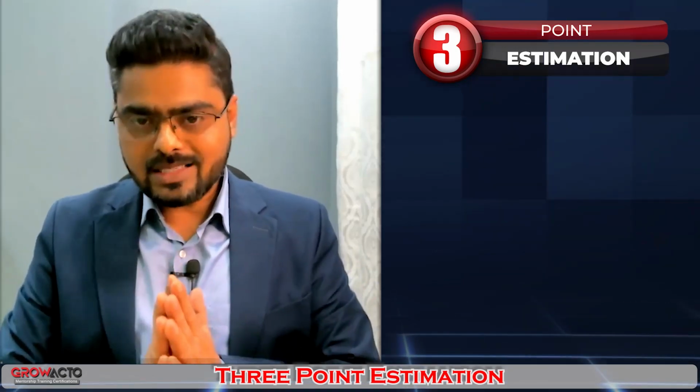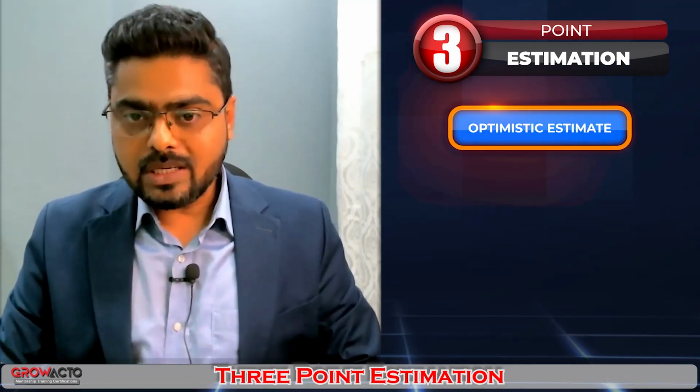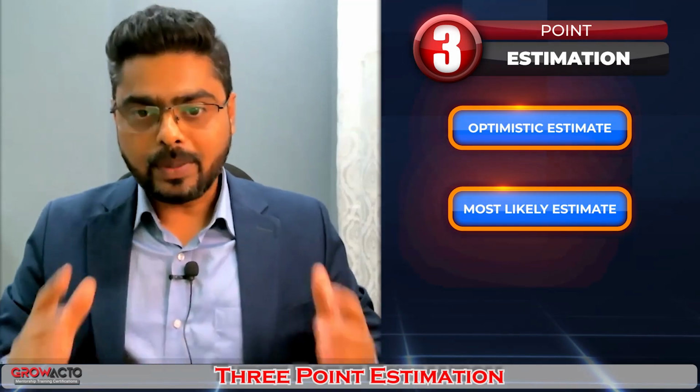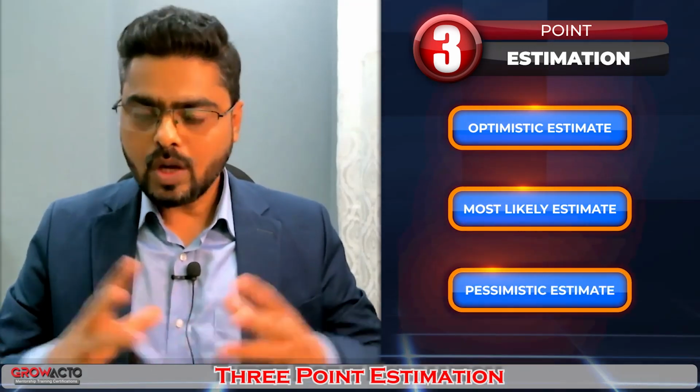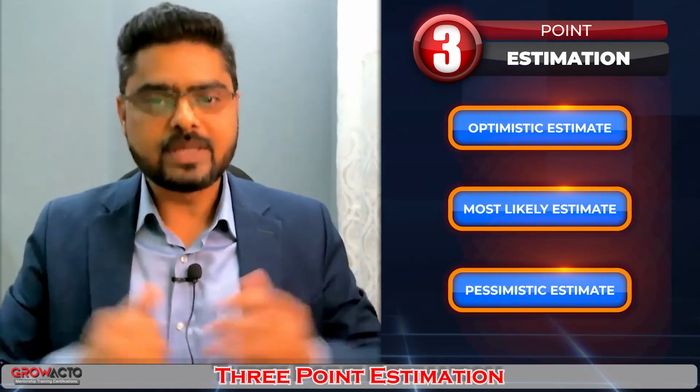So the first estimate will be optimistic. The second estimate will be most likely, and the third estimate will be pessimistic. Now let's understand optimistic, most likely, and pessimistic.